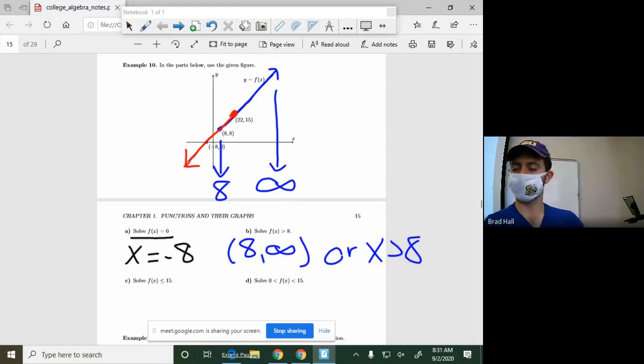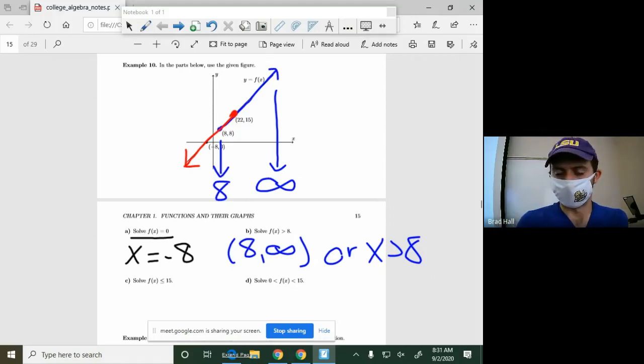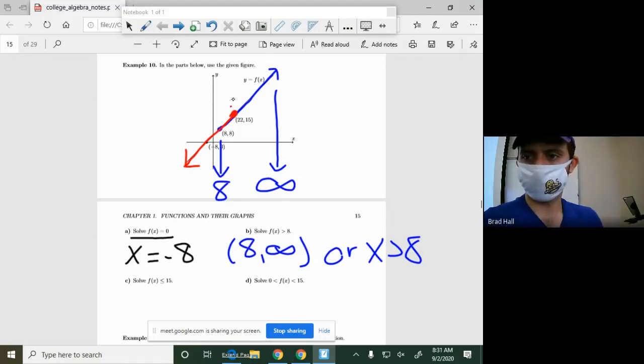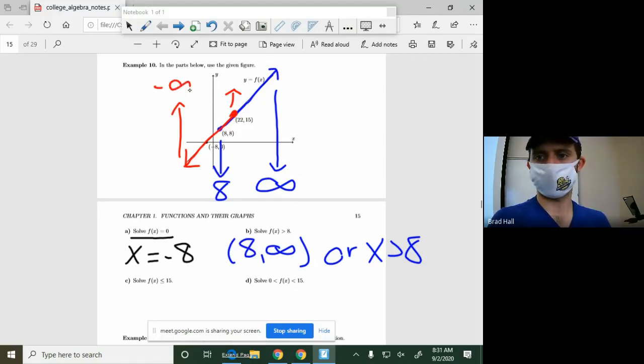Just like that. And so we play the same game of determining that interval in some way. We always start with the leftmost part of the interval first. The leftmost part seems to be negative infinity. The rightmost part seems to be 22.